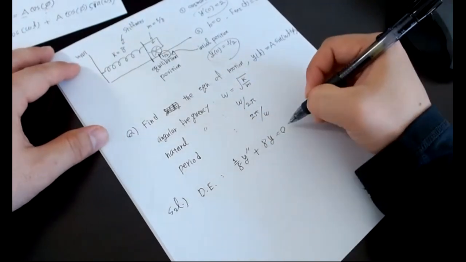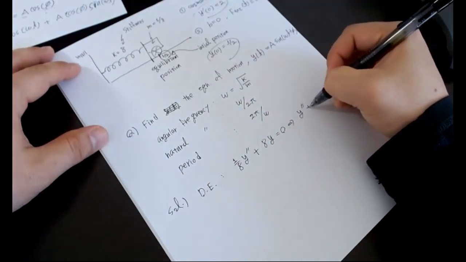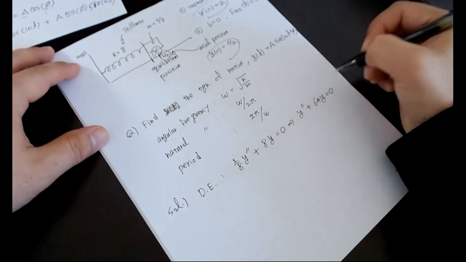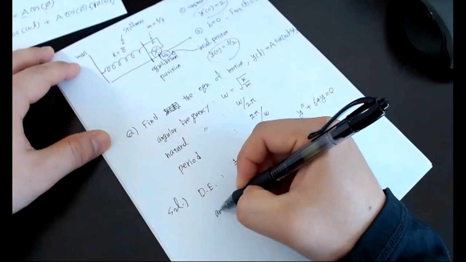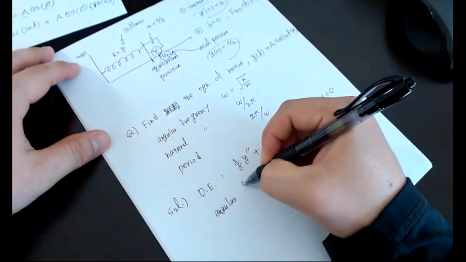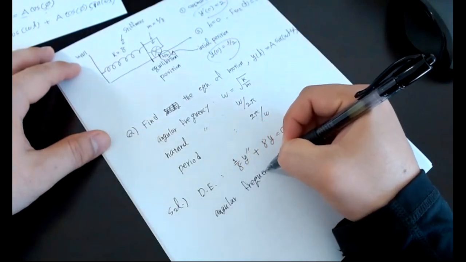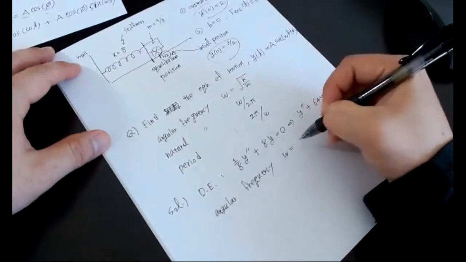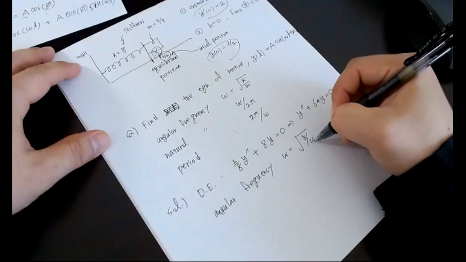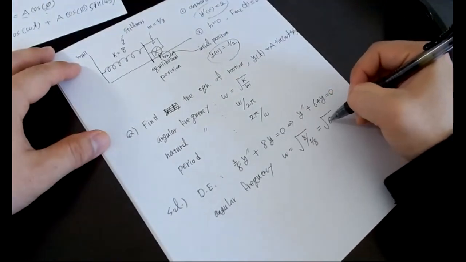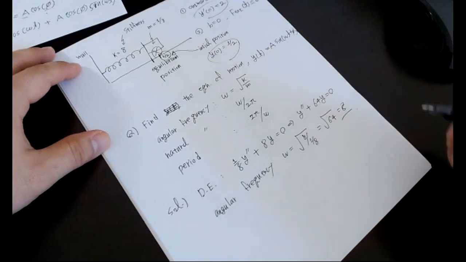So it means that y double prime plus 64y is equal to 0, right? Okay. So the angular frequency: omega is what? Omega is the square root of k over m, which is 8 over 1/8, which is the square root of 64, which is 8. Okay, we figured out the angular frequency.